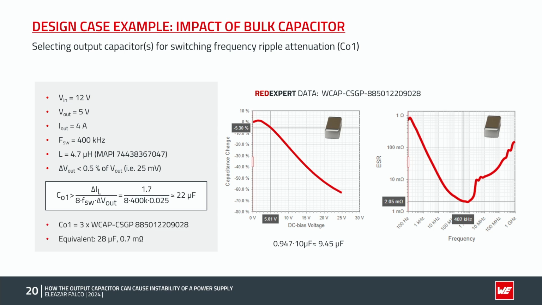We will parallel 3 of them to get an equivalent capacitance of 28 microfarad with an equivalent ESR below 1 milliohm. This will be enough to comfortably meet the specification, and we will refer to this combination as CO1 from here on.